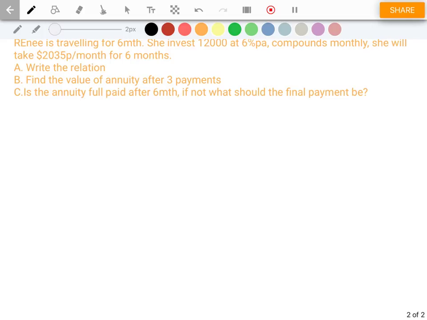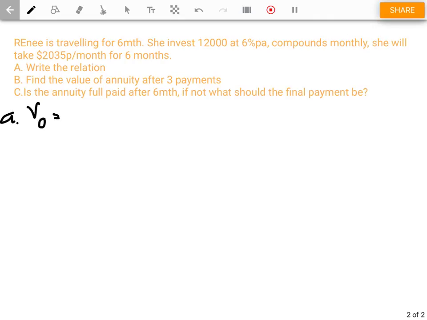Firstly, write the recurrence relation. For A, V0 is $12,000, and Vn+1 is equal to R times Vn minus D. To find that, we need little r first, because that's per compounding period: 6 divided by 12.